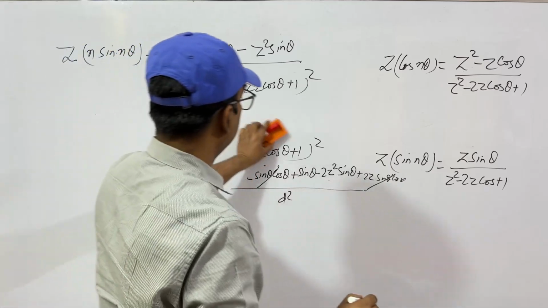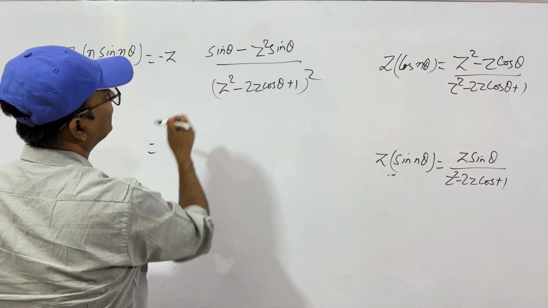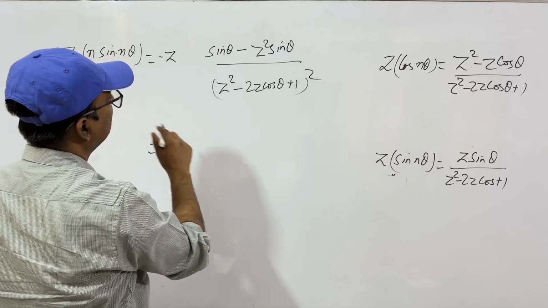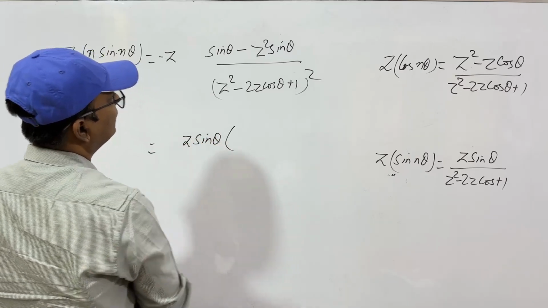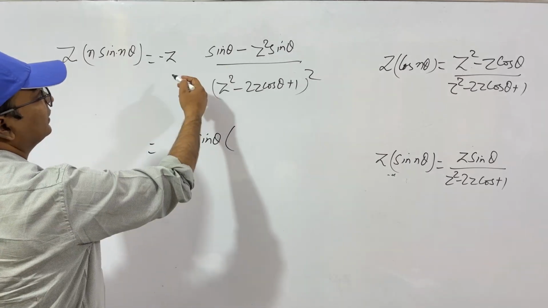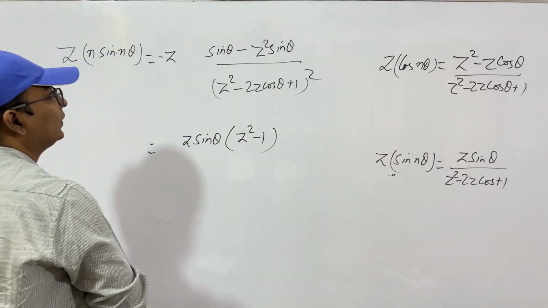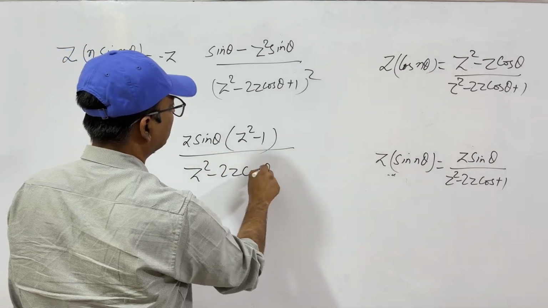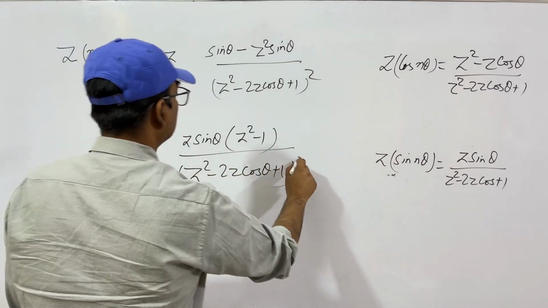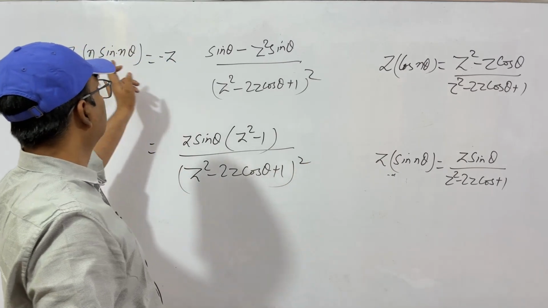Finally we can take sine theta out and z here, so this will be z sine theta, and this will be z square minus 1, by z square minus 2z cos theta plus 1 whole square. The calculation takes time, but it is easier. So I have found the value for z of n sin n theta.